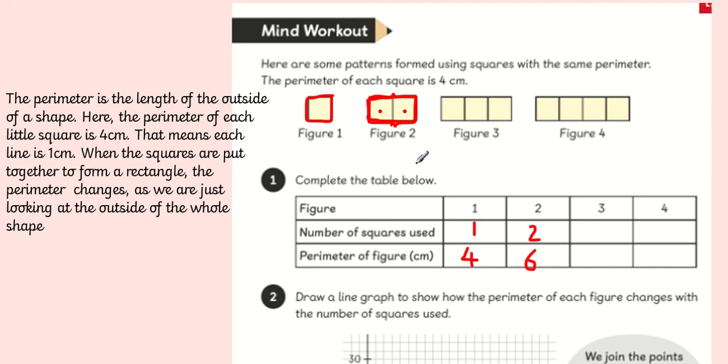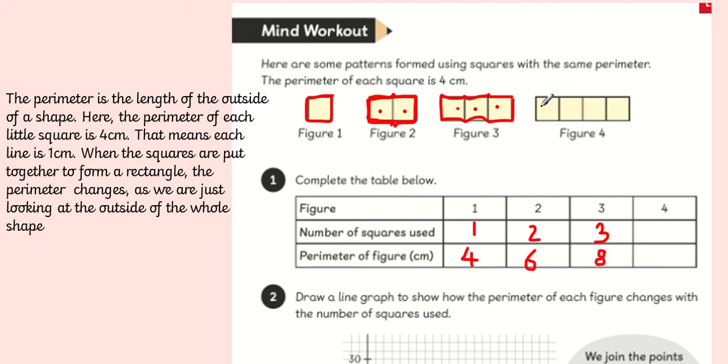Next one. How many shapes are used here? How many squares have we got? 1, 2, 3. Well done. 3 squares. And what's our perimeter then? Okay, so we've got 1, 2, 3, 4, 5, 6, 7, 8 centimetres for our perimeter. Brilliant.